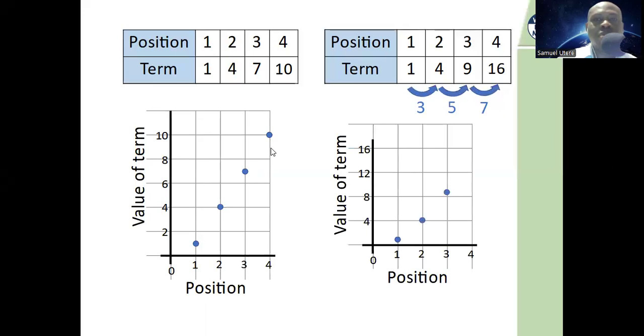But when you plotted the sequence that was non-linear, you would notice that the line was curved. So it's not changing by a constant amount. That's what the line is telling you. So it's a non-linear sequence. So linear, straight line, you can see it on the graph. Non-linear sequence, it's not a straight line.